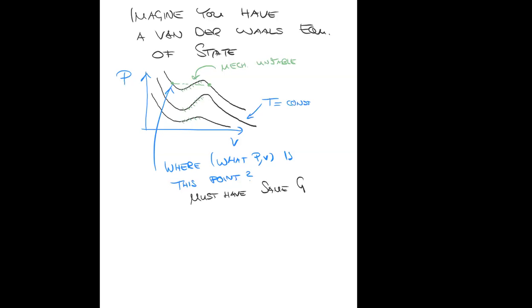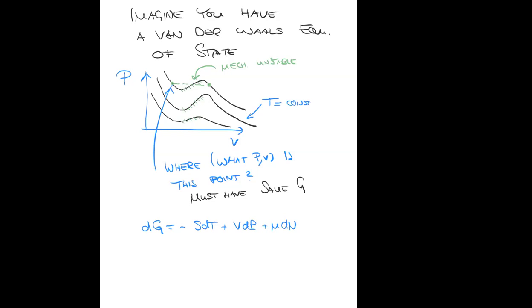Okay. And so we can now formalize this in the following way. We had this magic formula for differentials of G, which is that dG is minus S dT plus V dP plus mu dN.